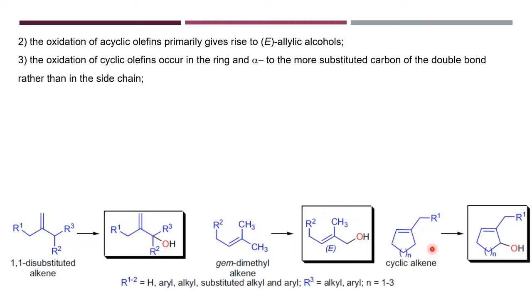So over here the oxidation is not taking place at this terminal alkyl group, but rather it is taking place at the more substituted carbon, which is this one, and on the alpha position.